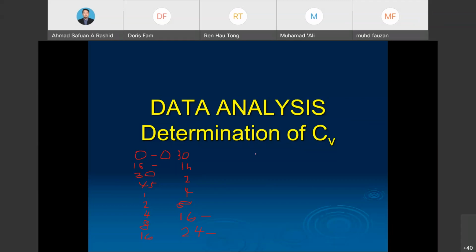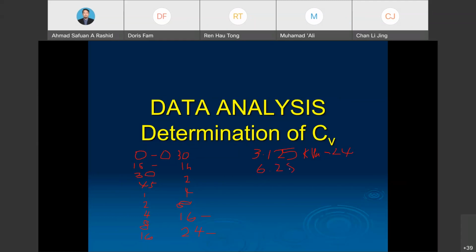Then you may continue. For example, you start first with a very low value of load, or stress. We start with 3.125 kPa. Then we need to wait for 24 hours. Then we increase. Normally it will double, 6.25.